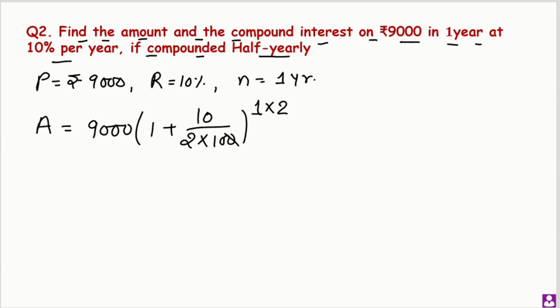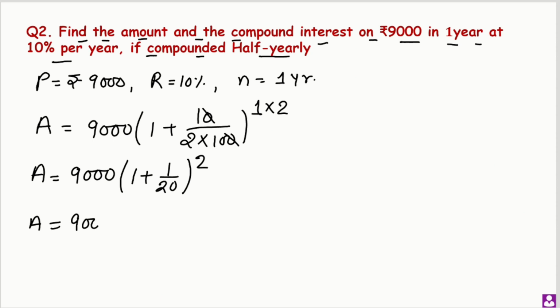So this 0 will be cancelled with this 0. A equals 9,000 (1 + 1/20)^2. So here we will get A equals 9,000 (21/20)^2.